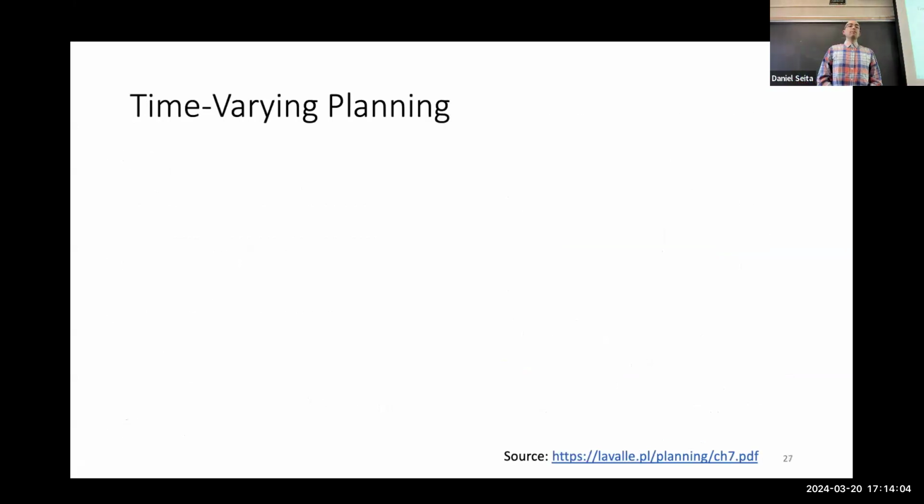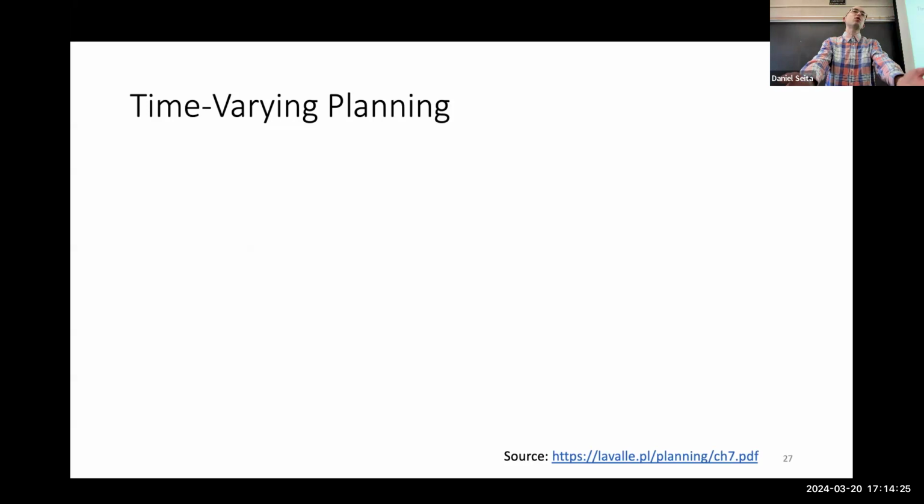Time varying planning. What we're now going to talk about are different variants of the planning framework. Just like RRT had many different variants, there are many different problems that you can formalize.